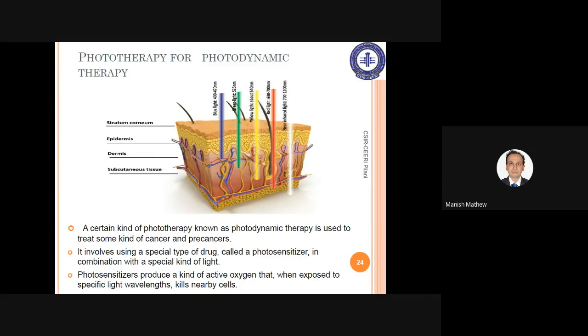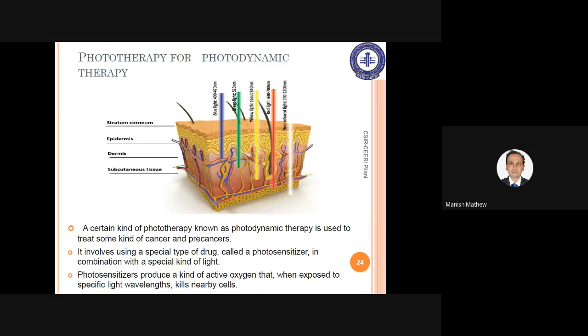Once you incident that light on this area where you have injected this photosensitive drug, the photosensitizer will produce active oxygen, and when this is exposed to a particular wavelength, that kills the nearby cells.